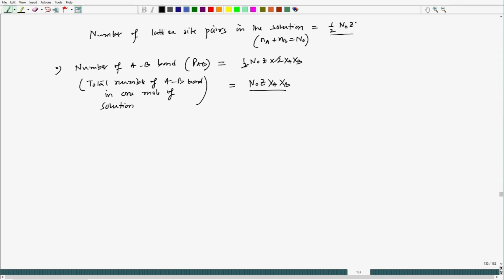And we can use this Z in the solution because we have taken that assumption, remember, that pure A, pure B and the AB solution all have the same crystal structure, hence all have the same Z or coordination number.